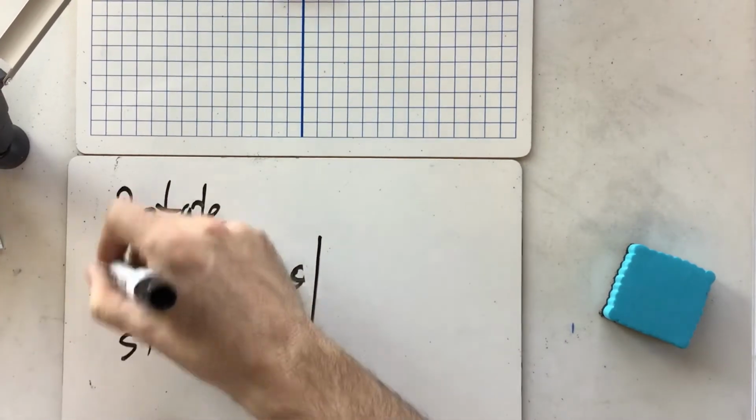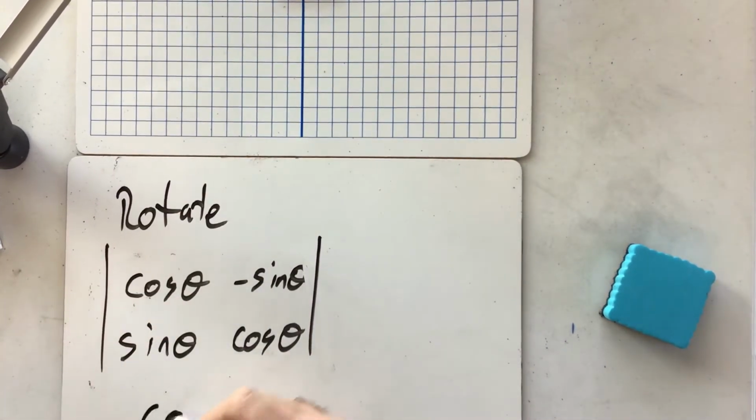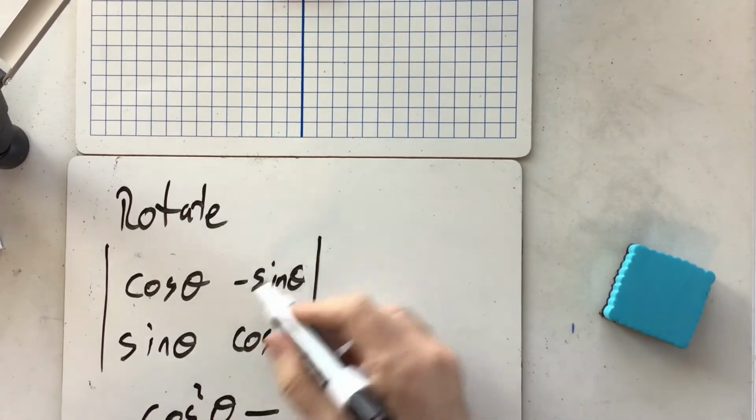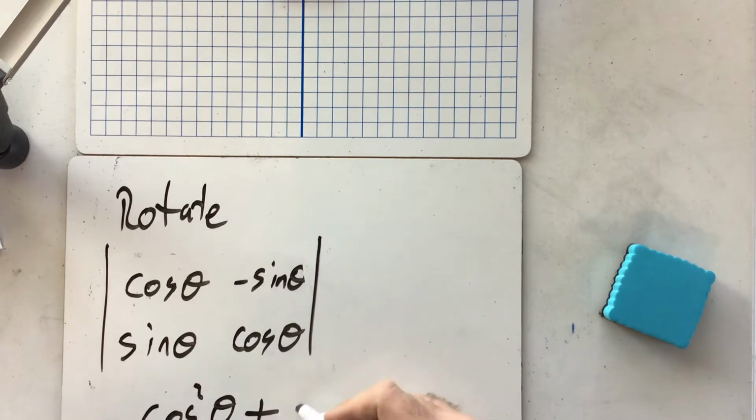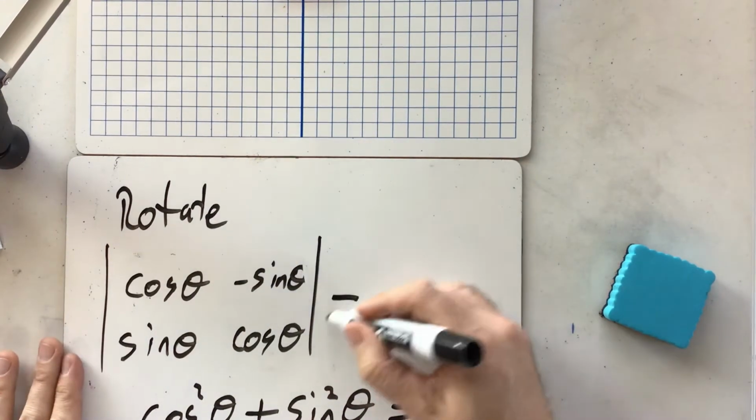Well, the determinant of a rotation matrix is cosine times cosine, which is cosine squared theta, minus a negative sine times sine, so it's plus sine squared theta. And cosine squared plus sine squared equals 1. So what's important is noticing that the rotation matrix has a determinant of 1.